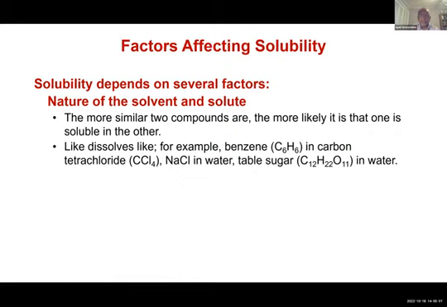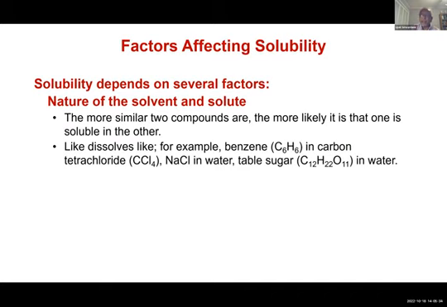On the other hand, sodium chloride is made of charged ions, and water also has charge separations. Therefore, sodium chloride goes into water easily. Sodium chloride and water are like substances; like dissolves like. Table sugar, which is sucrose, has a lot of OH groups, like the OH in water.